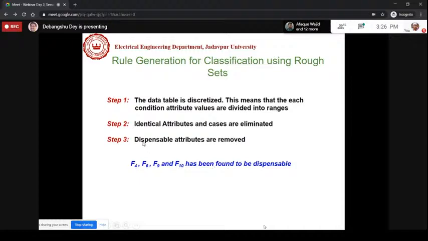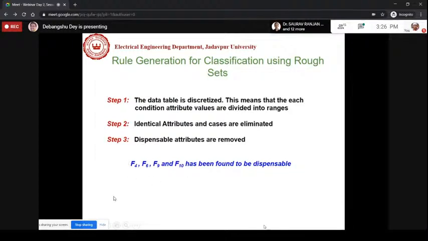We have found that F4, F6, F9 and F10 can be eliminated. Initially we started with 12, but these 4 features are almost giving the same information as the others. So there is no point in using extra memory storing them. So we can remove them.